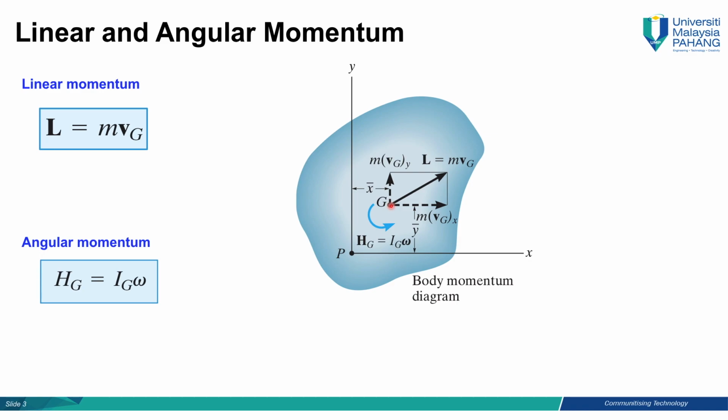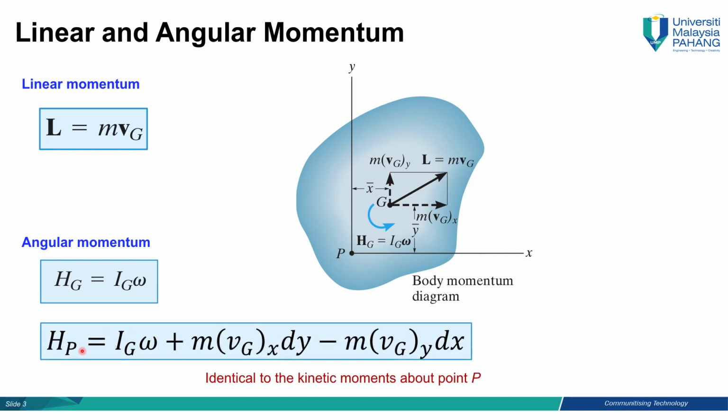Now let's say we want to calculate the angular momentum about other points other than the center of gravity, let's say point P here. So the equation becomes Hp, about point P, is equal to Ig omega plus another two extra terms. This is identical to the kinetic moments about point P. For this equation, you can refer to the force and acceleration chapter where we talk about kinetic moments about point P. This is pretty much the same.